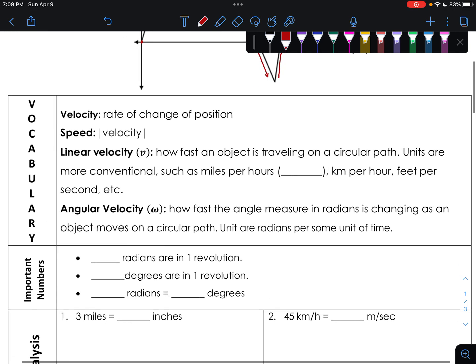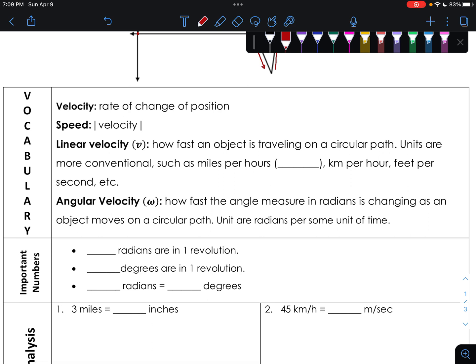The main focus today is on linear and angular velocity. So linear velocity is what we are most used to. This is how fast an object is traveling on a circular path. Units are more conventional, such as miles per hour. Remember, we abbreviate miles per hour as mph.